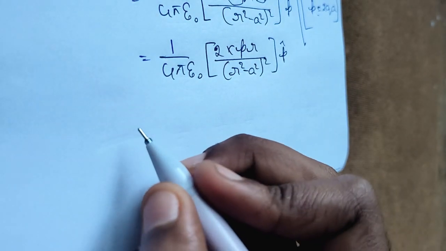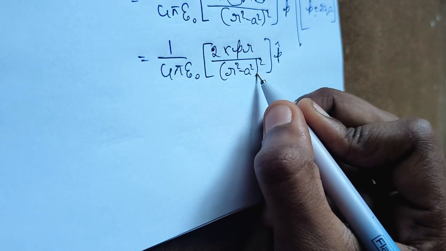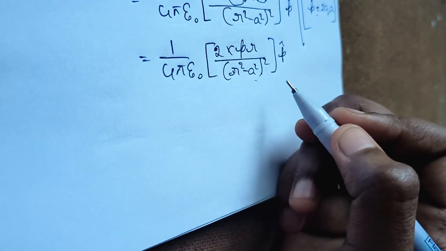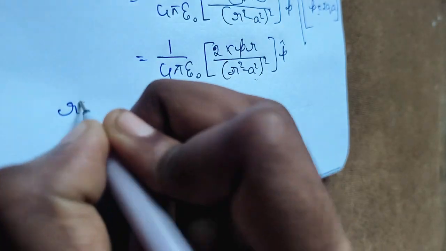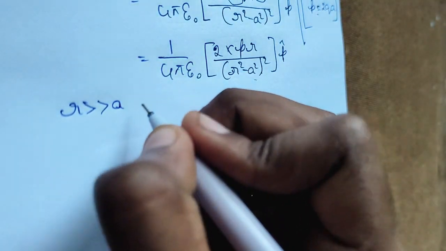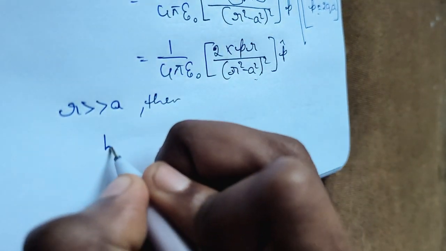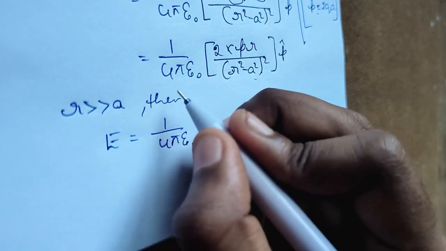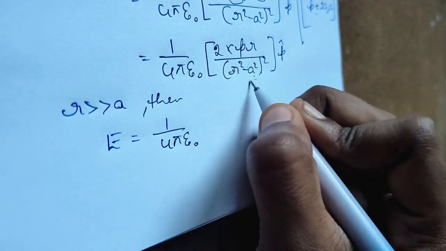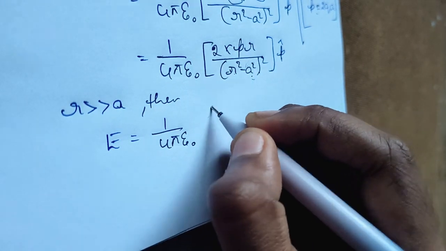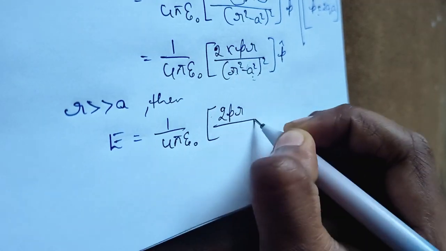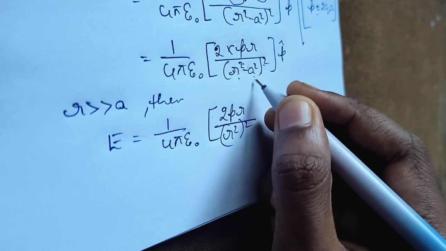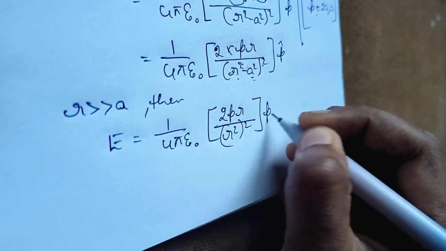Okay, now here I will neglect this a because r is very much greater than a. So if r is very much greater than a, then our equation becomes E is equal to 1 by 4 pi epsilon naught, 2pr divided by (r square) whole square, where I neglected this a, into p cap.